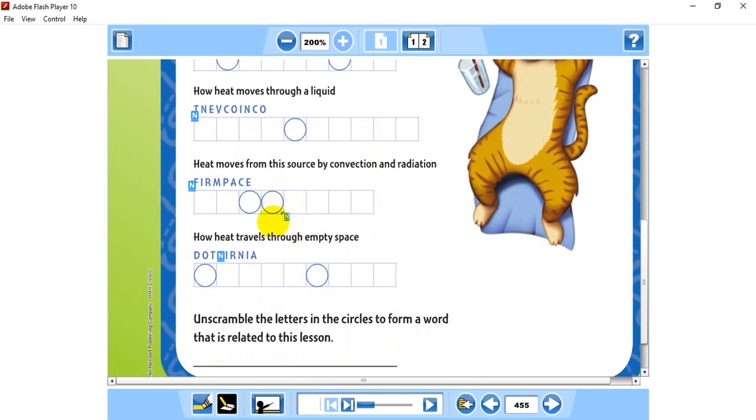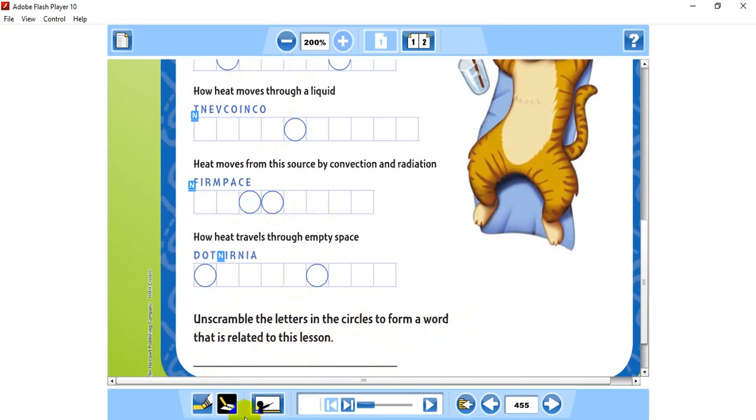Now you have to use the letters in the circles here to reorder them and write the scientific term in this blank. Unscramble the letters in the circles to form a word that is related to the lesson.